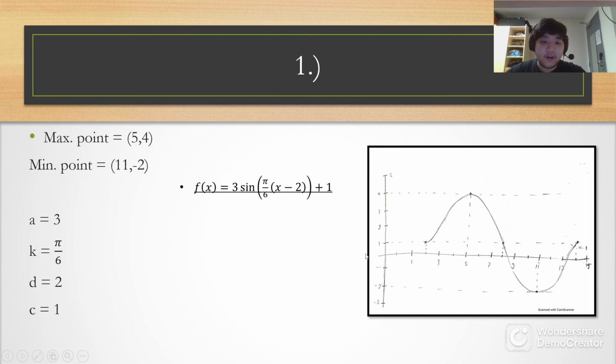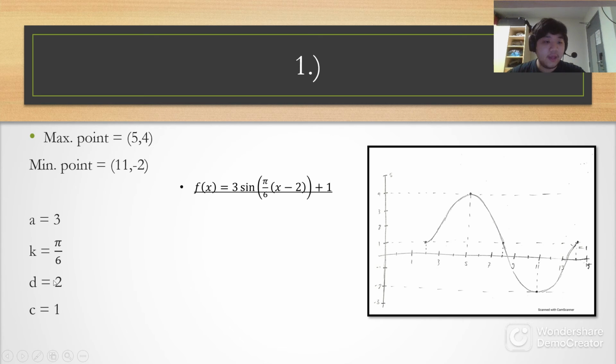This is one of the functions that we need to find. The other one, however, is going to be cos. From the graph, you could tell that there's a sin, but it asks for 2. So what we can do is take where you would think the cosine graph will start, and that will be around 5, 4, the maximum, since cos always starts at the maximum point.